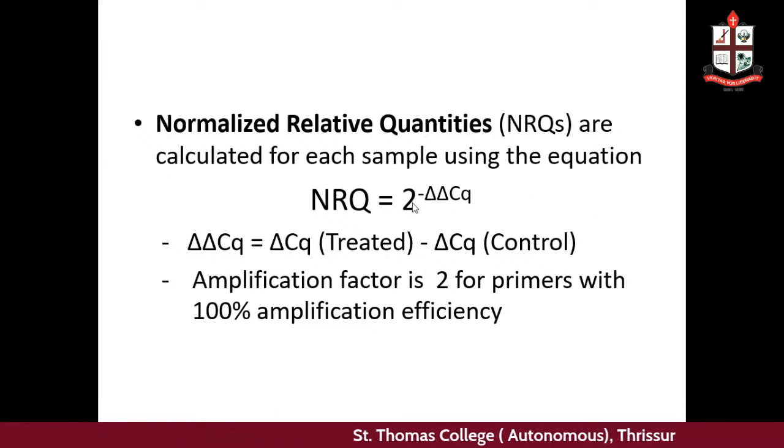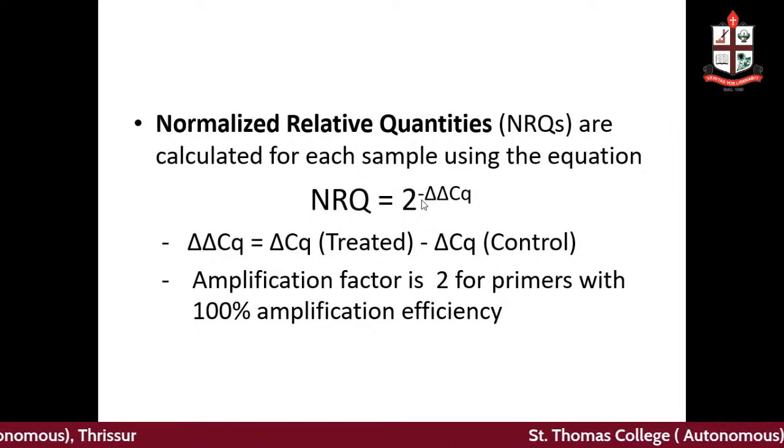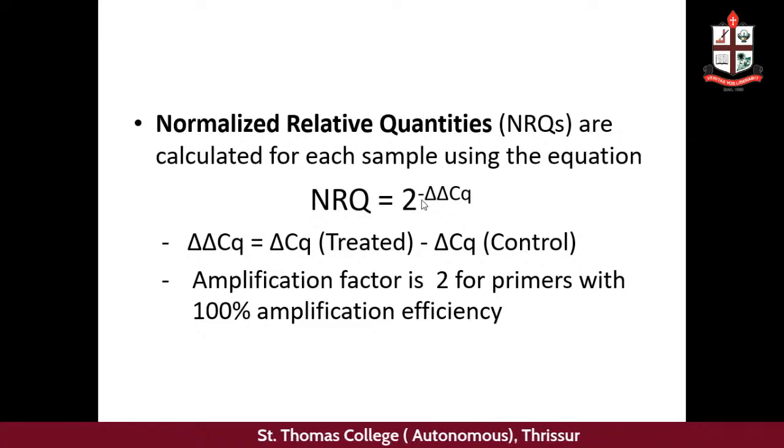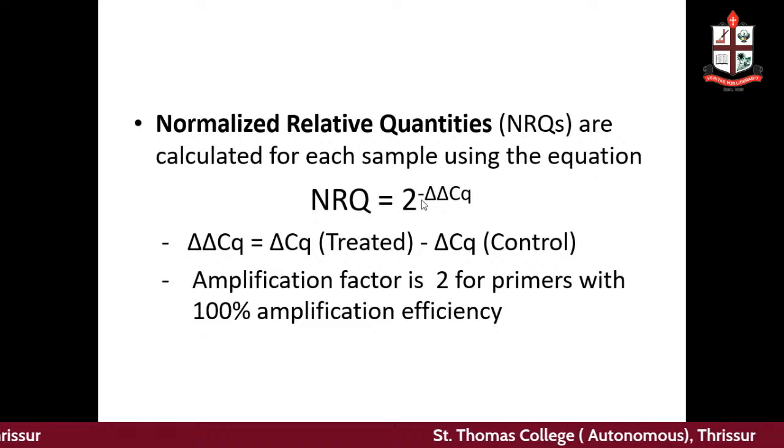That's how the equation becomes 2 raised to minus delta delta CQ. And also the minus here is because CQ is inversely proportional to the initial copy number of that gene. As I said earlier, if the initial copy number is less, CQ will be higher because the PCR will take more cycles to reach the threshold fluorescence.